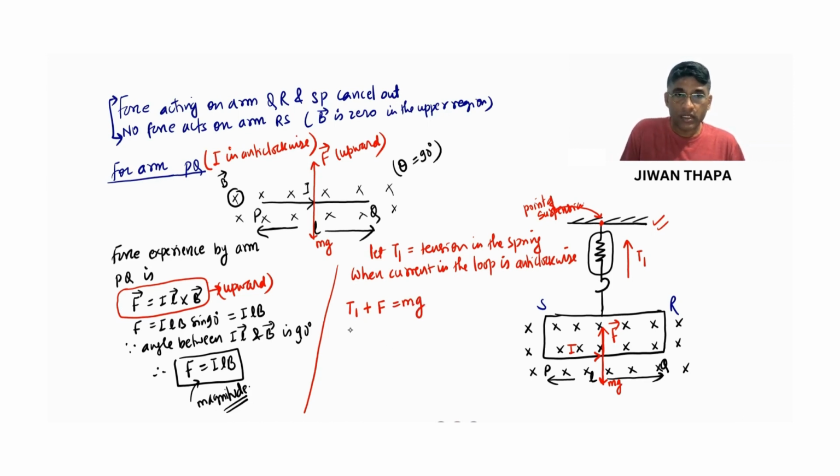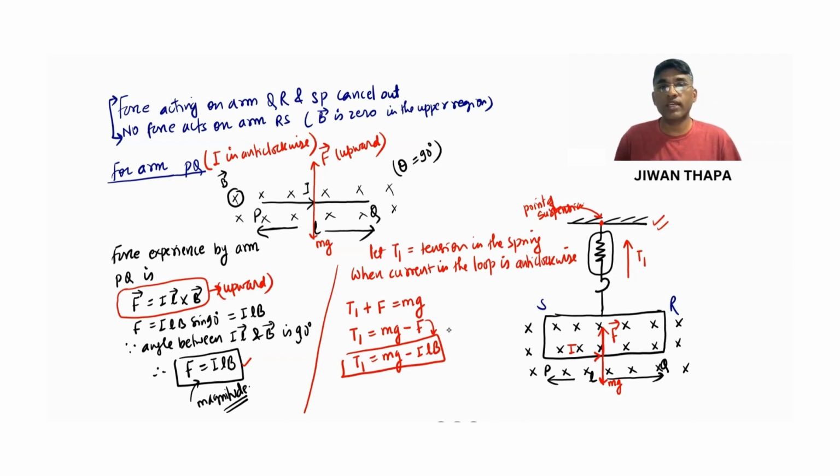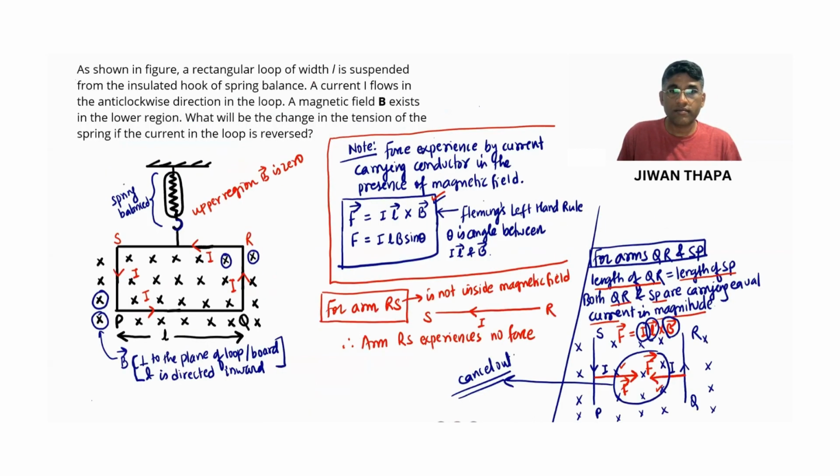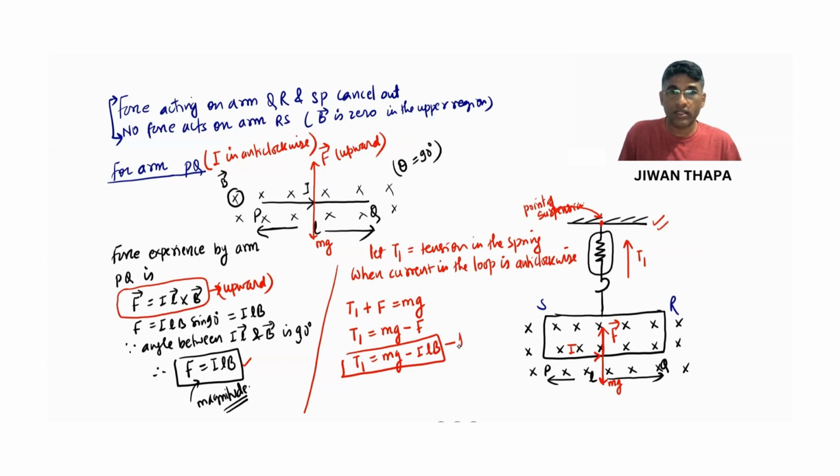Now T1 equals mg minus F, and the value of F is ILB. So this is the value of force. Let us call it equation 1.